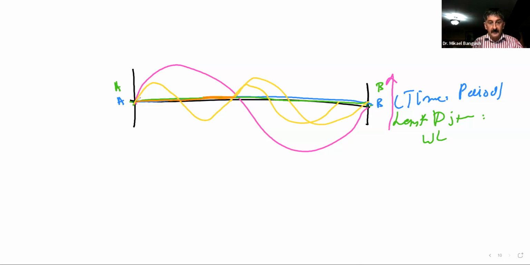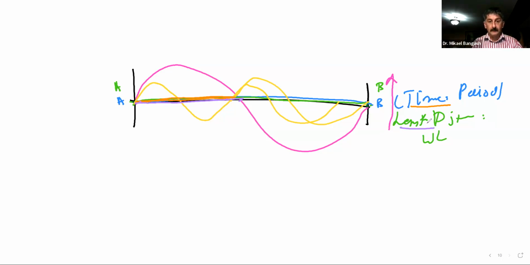This will be the period if we measure it in time. And likewise, it will also be the wavelength of this yellow wave if you measure it in terms of length.